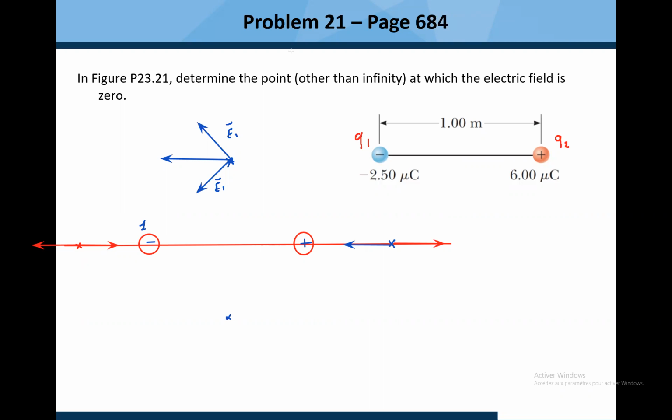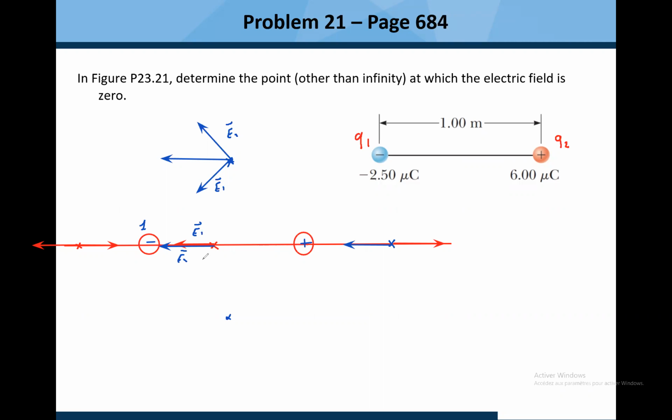But between, if I take any point here, the negative charge will create a field towards the negative one. The positive charge will create a field out. So E1 and E2 have the same direction.